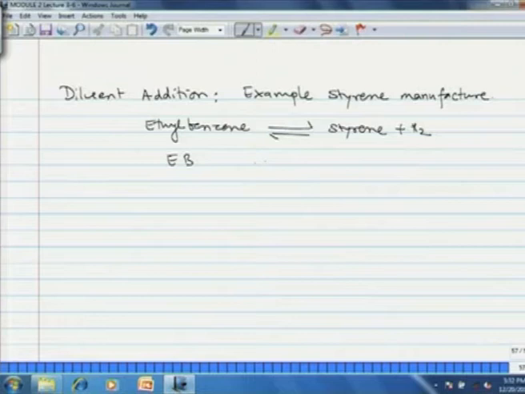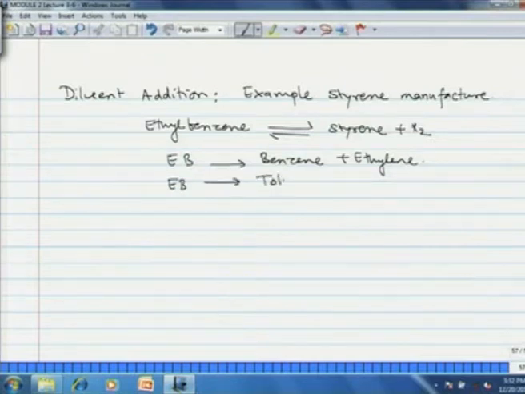Ethyl benzene can also go through decomposition to produce benzene and ethylene, and ethyl benzene can also get disproportionated to produce toluene and methane.